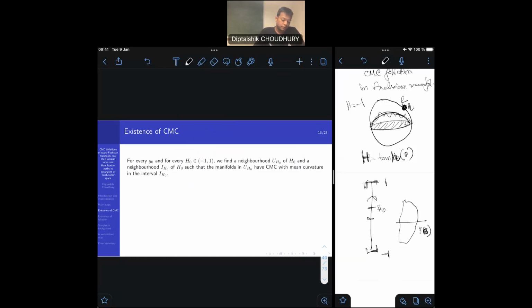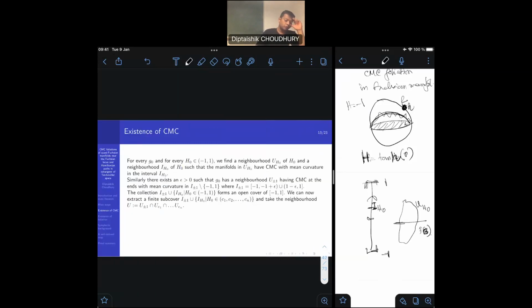And suppose this interval is what you call I_H0, and then corresponding to I_H0 there is this open neighborhood U_H0. What you want to do now is to repeat this procedure for the ends at infinity.